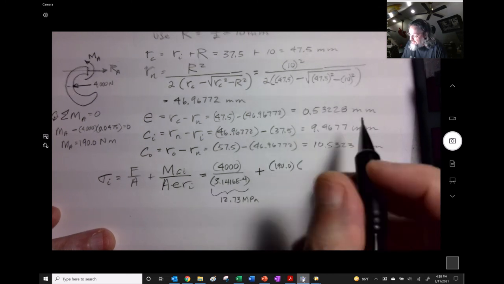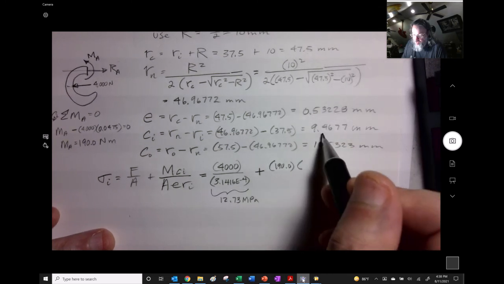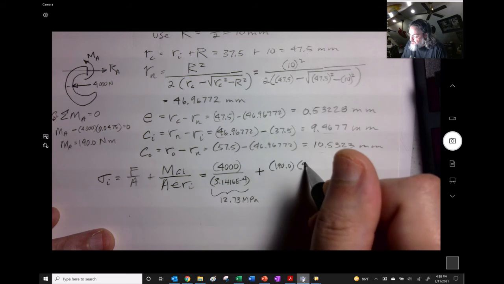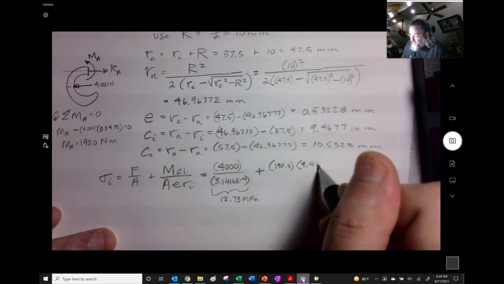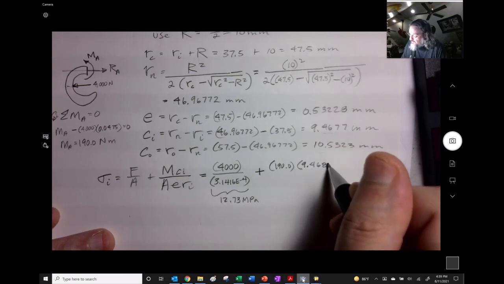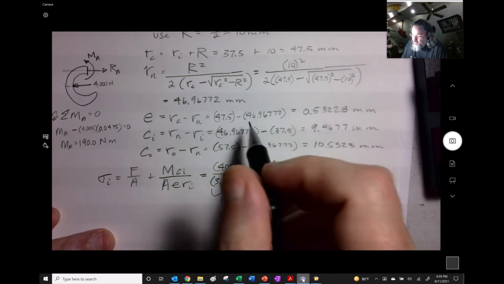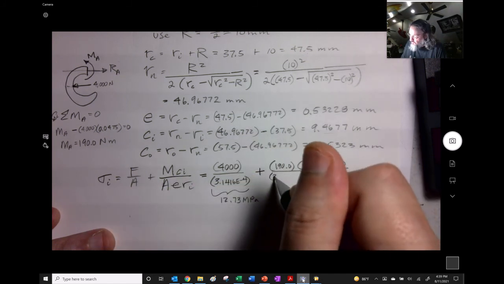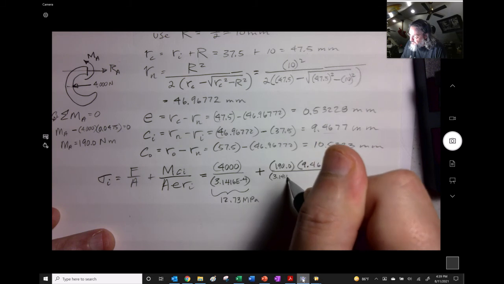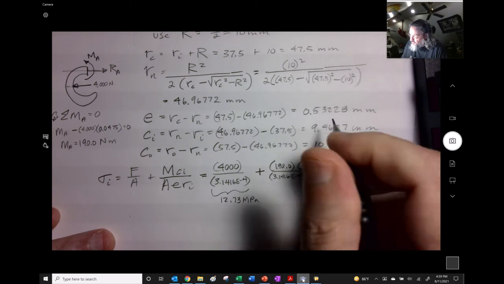CI, now we want to make this into meters, so 9.468 E minus 3 meters, and that area again 3.1416 E minus 4.